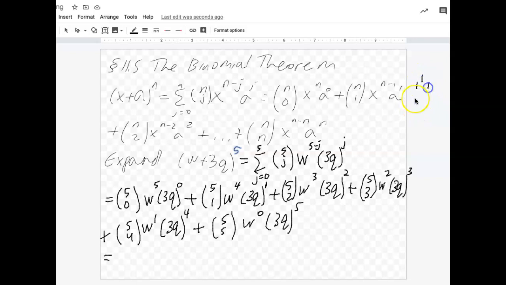So 1, 1, 1, 2, 1, 1, 3, 3, 1, 1, 4, 6, 4, 1, and then lastly 1, 5, 10, 10, 5, and 1. Ran out of space. So what that's telling us is that in this entry it's 5 choose 0, and so that's going to be 1.